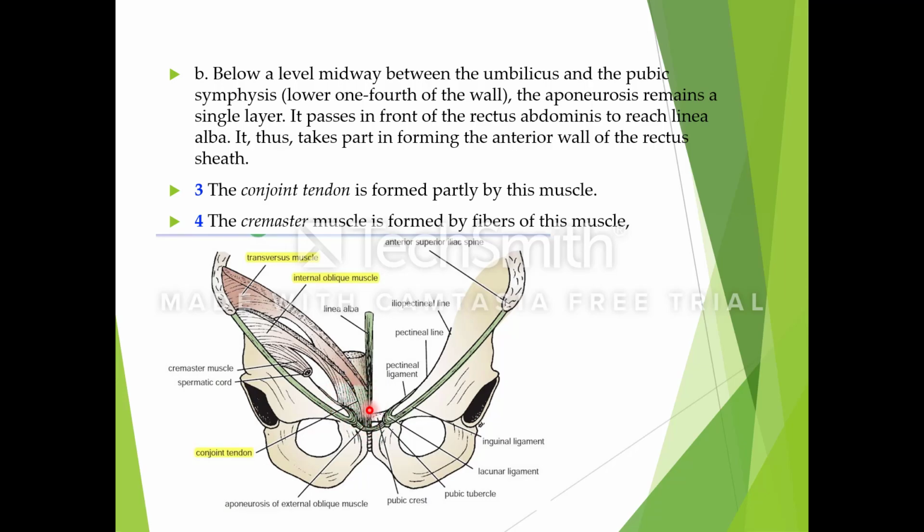The conjoint tendon is formed by the internal oblique muscle and the transversus abdominis muscle. Along with this, the internal oblique muscle also forms the fibers of the cremaster muscle. See here, this is the cremaster muscle. It is also formed by the fibers of the internal oblique muscle. This is very obvious from this diagram.